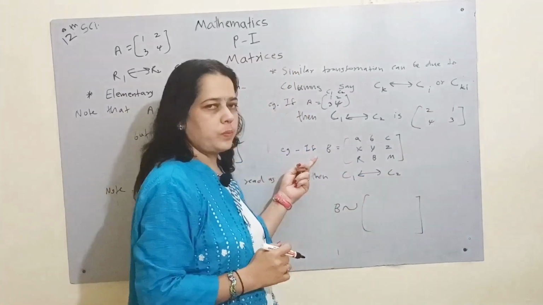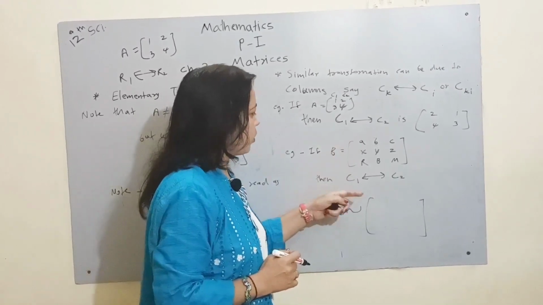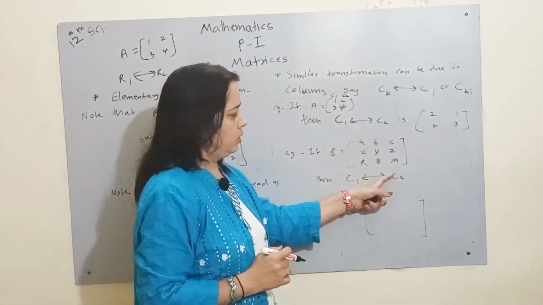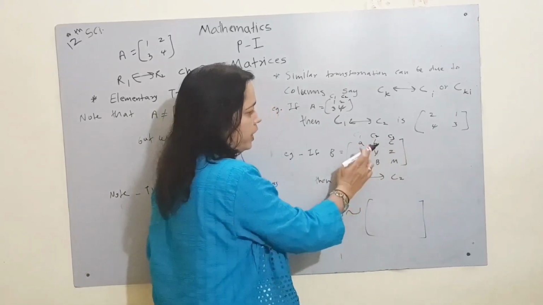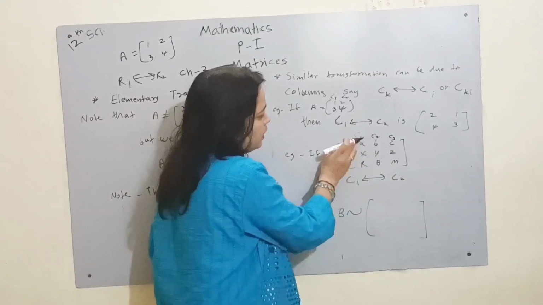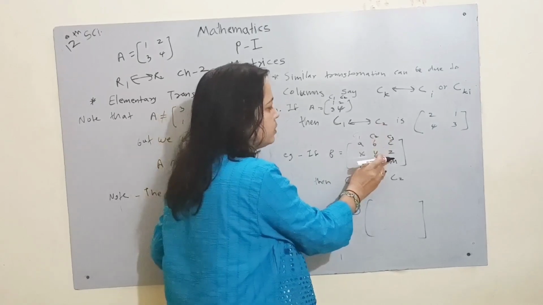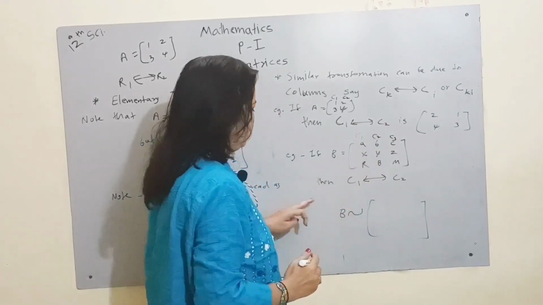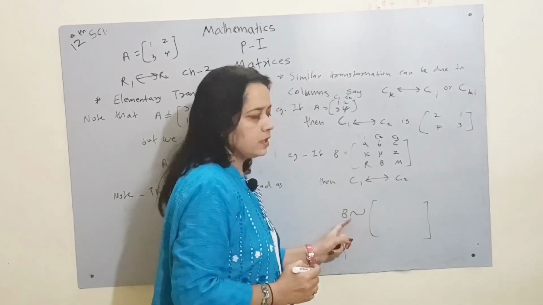Similarly, the next example is B equal to a 3 by 3 matrix and the given operation is C1 to C2, meaning columns C1, C2, C3. We have to interchange C2 and C1: write the elements of C1 in place of C2 and the elements of C2 in place of C1. So B is not equal, here we have to write equivalent.